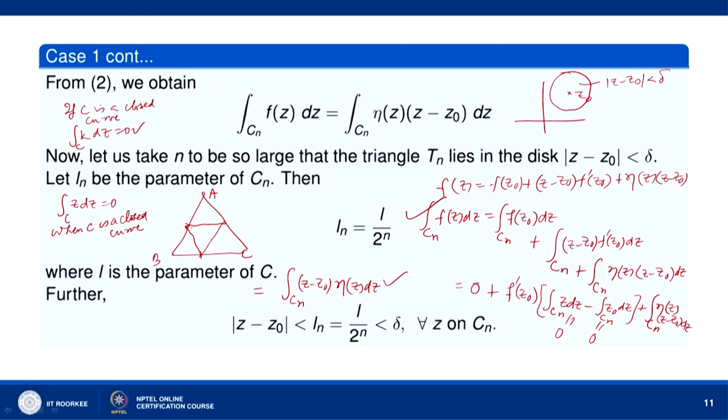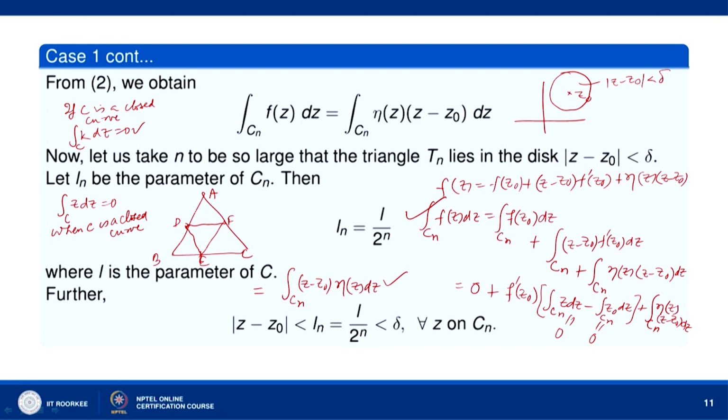Since we joined the midpoints D, E and F, each of these 4 congruent triangles has half of the perimeter of the triangle ABC. So if the triangle ABC has perimeter L, each of these 4 congruent triangles will have perimeter L by 2. This is when n equals 1.